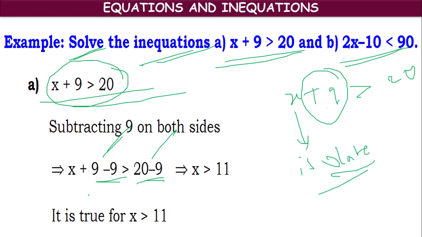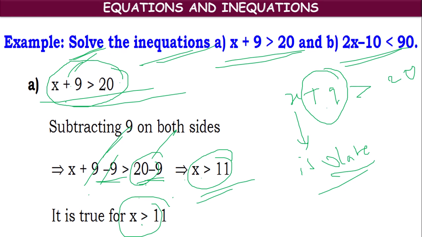So x plus 9 minus 9, 20 minus 9, plus 9 minus 9 cancel, x greater than 20 minus 9, equals 11. So x greater than 11. For all values x greater than 11, this inequation will be true.